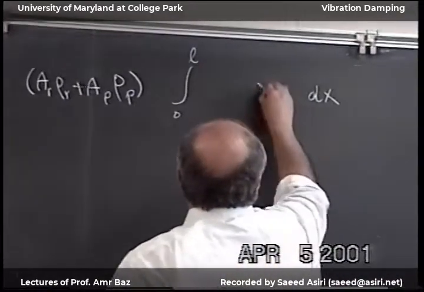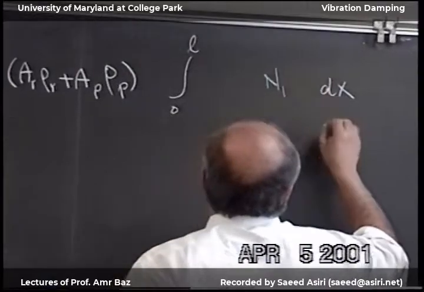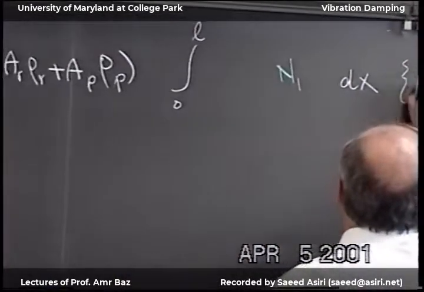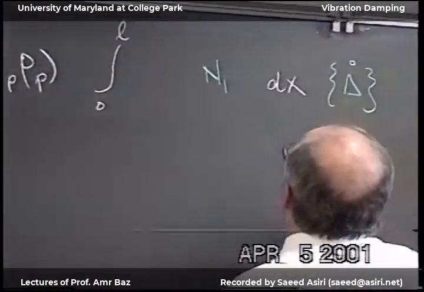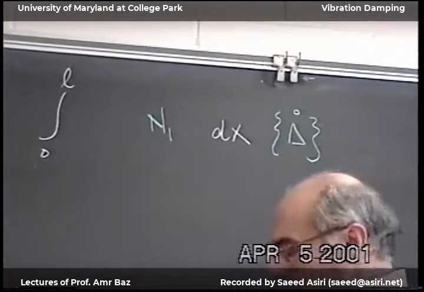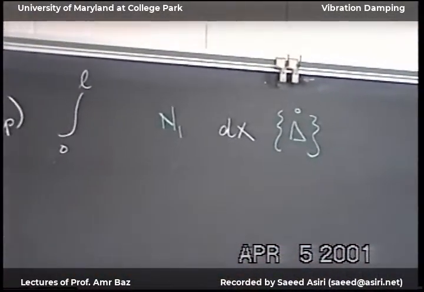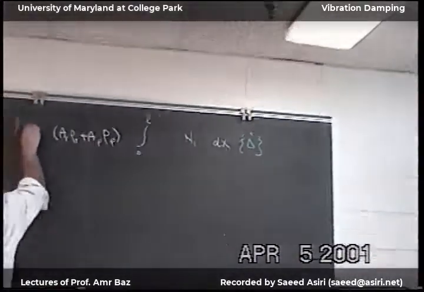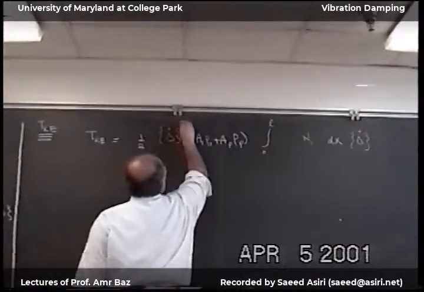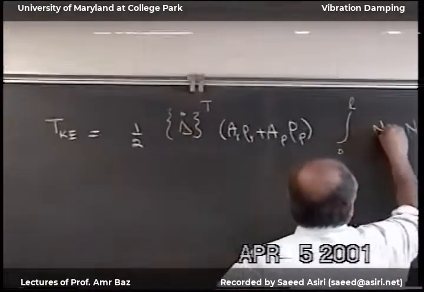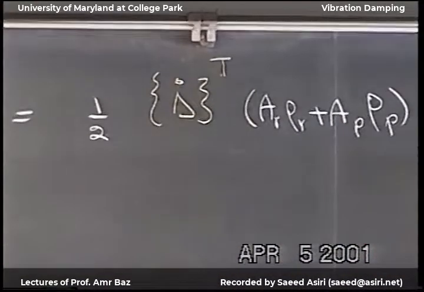So this would be N1, and then the delta, I'll bring it here, dot, and then I replace the second u dot by delta dot transpose and N1 transpose.